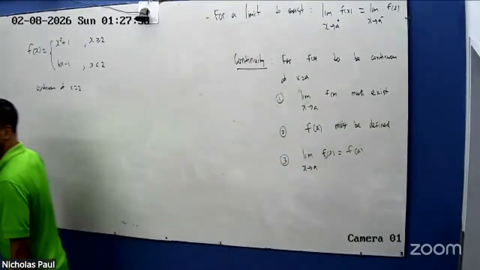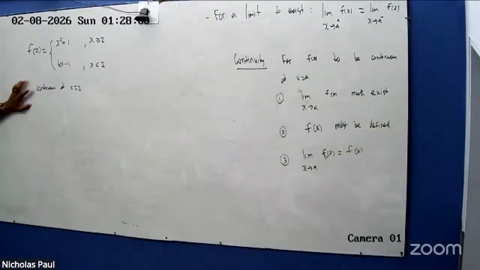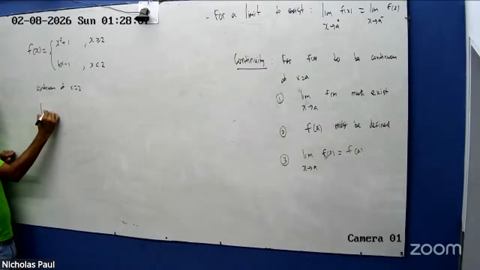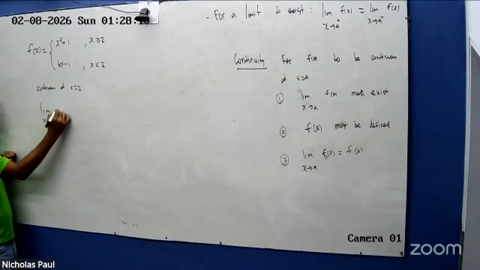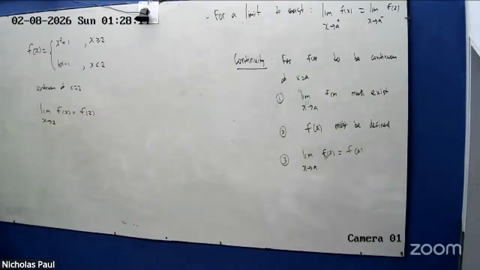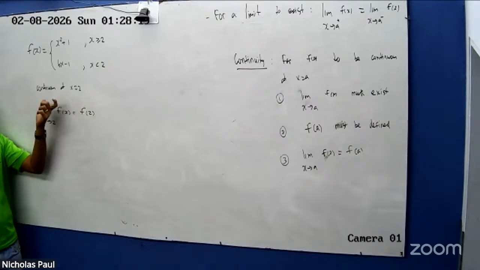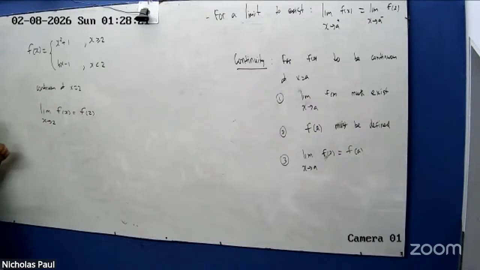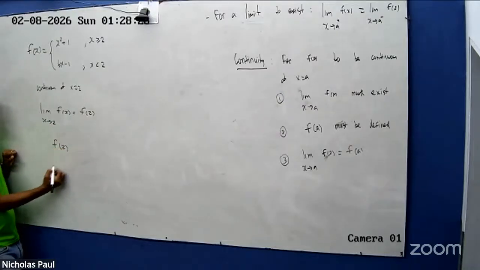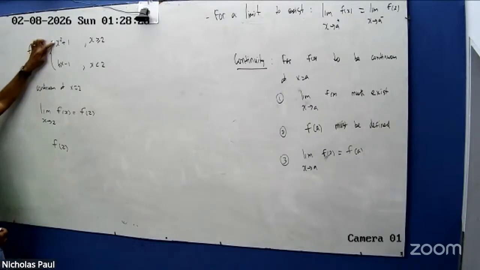This one here, we know it is continuous. So what does that mean? It means that the limit as x approaches 2 is equal to f of 2. We know it now because they said that the limit exists. So let's see what we could find. Could we find f of 2? Which function are we going to use to find f of 2?